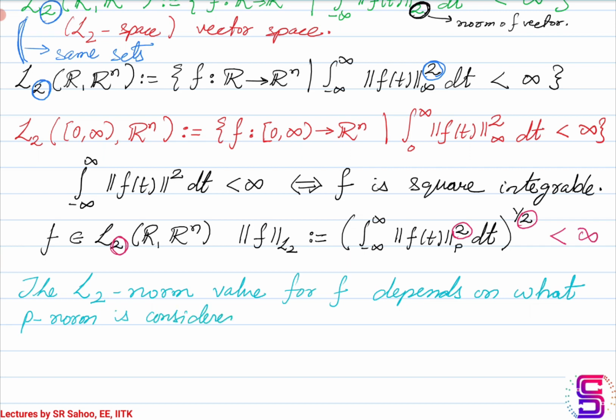What p norm is considered for the vector f of t. Okay, the norm value changes with change in p, but until the square roots are there, irrespective of what p you take, the L2 space remains the same.